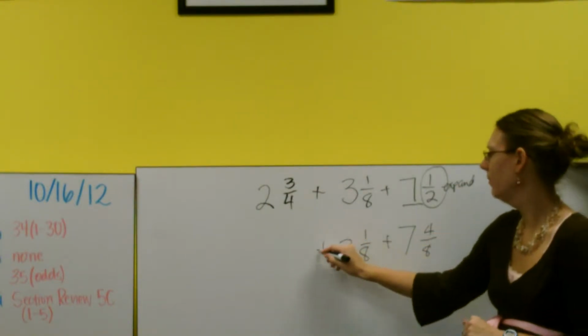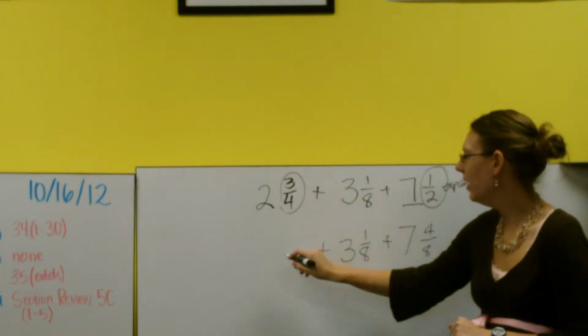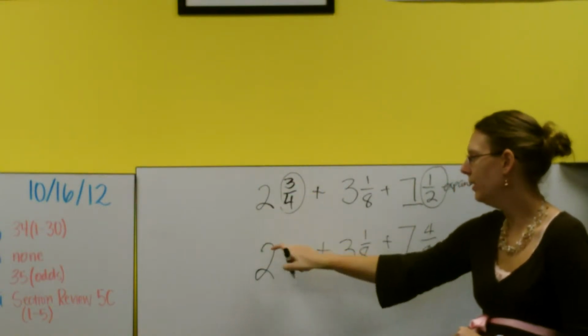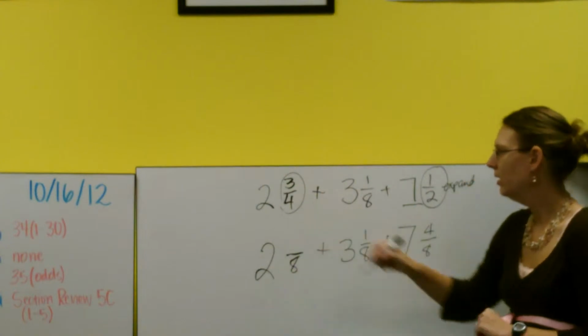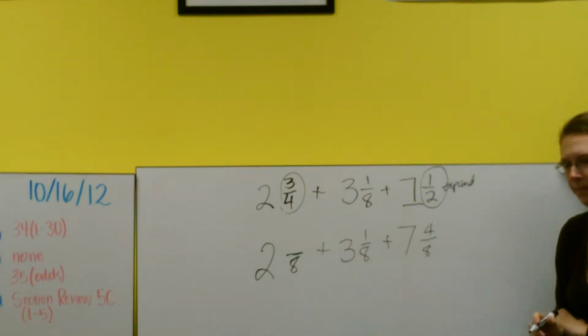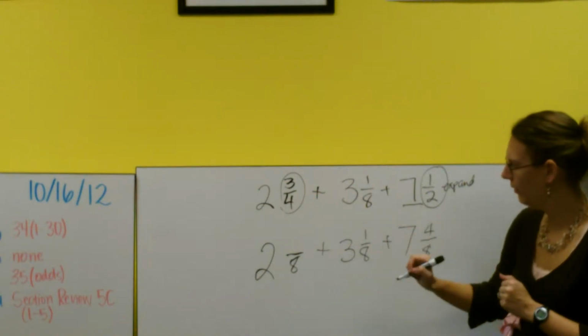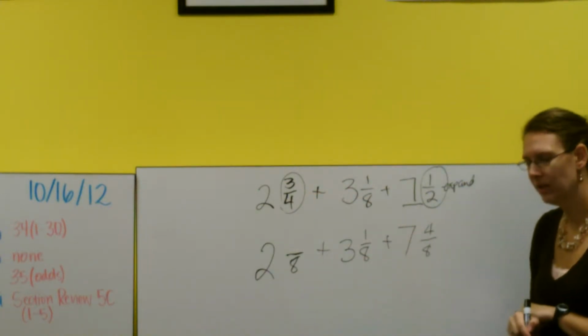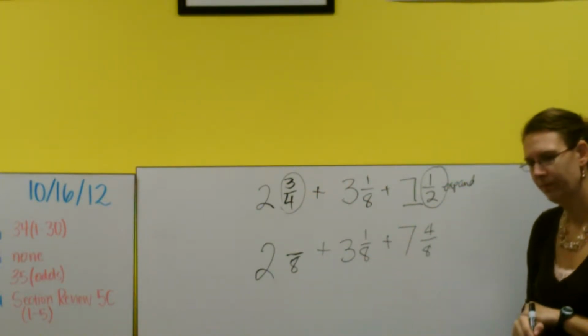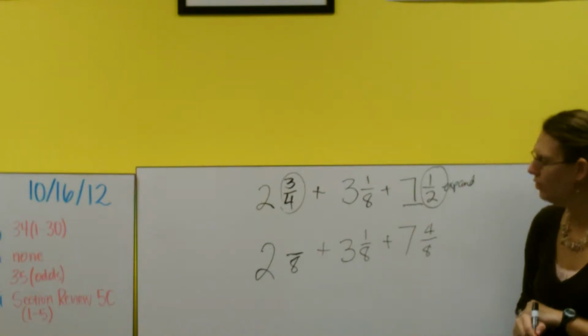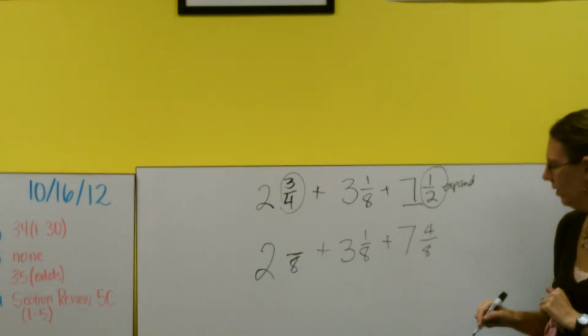Okay, come on. If we only expand our fraction, keep our whole number, how many 8s is 3/4? If you have 3 out of 4, how many out of 8 means the same thing? 2 8s is the same.